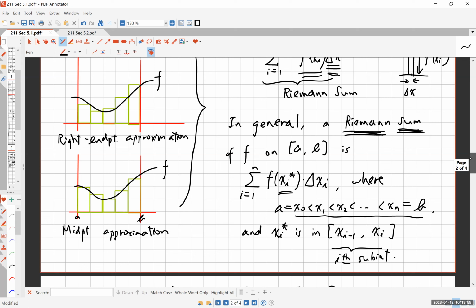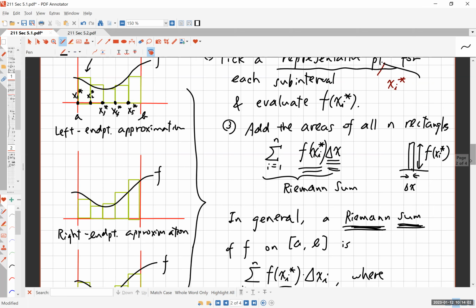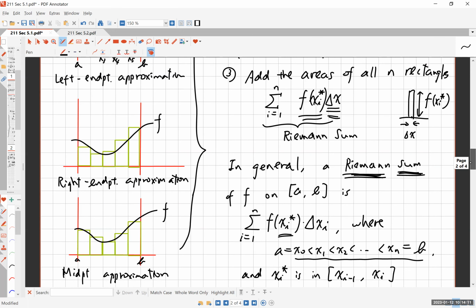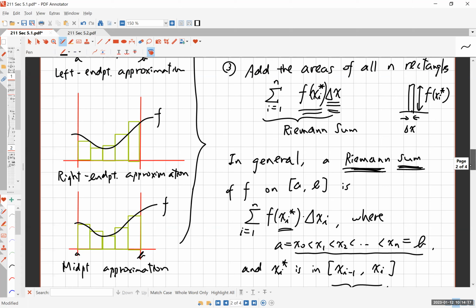You start with a partition, you pick a representative point for each subinterval, you evaluate the function at each of these representative points, which will of course give you the height of each rectangle. And then you multiply each height by the length of the subinterval, which is the base, and then you add up all of these areas.